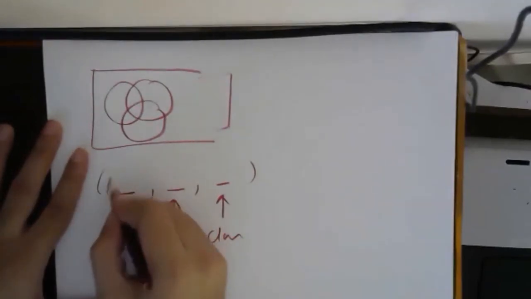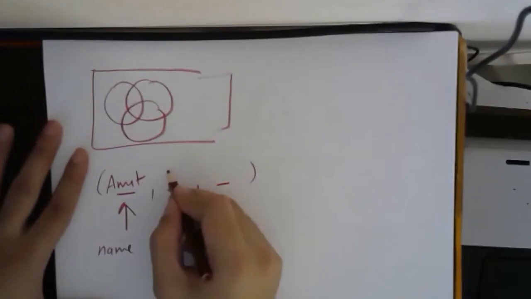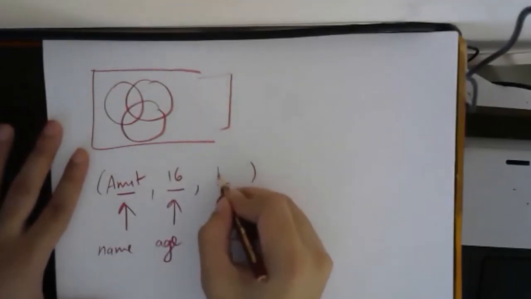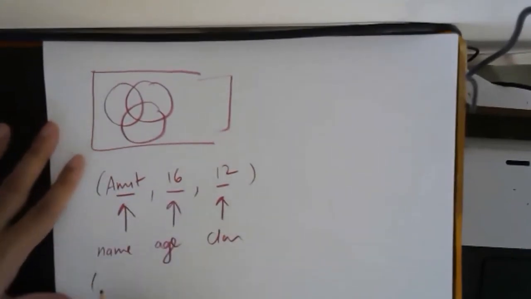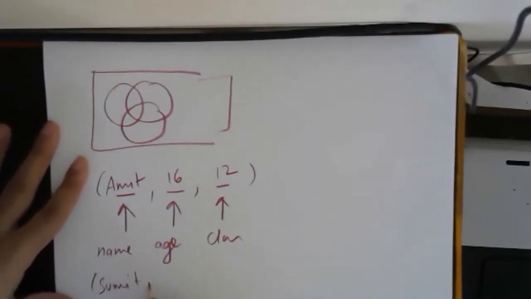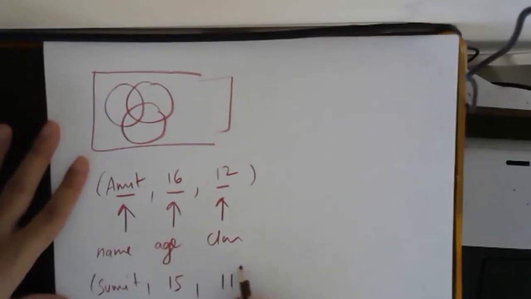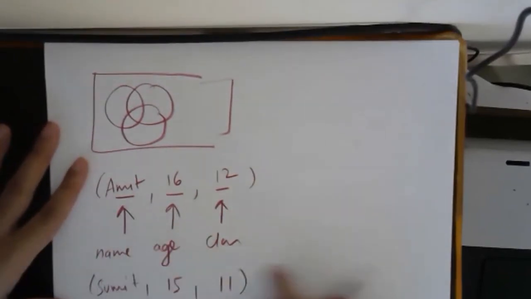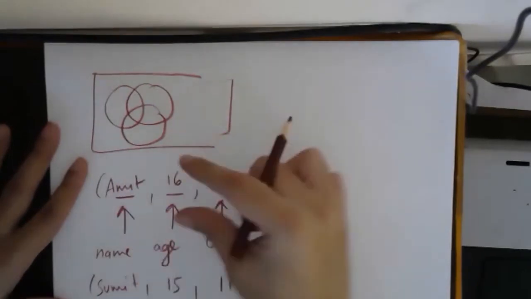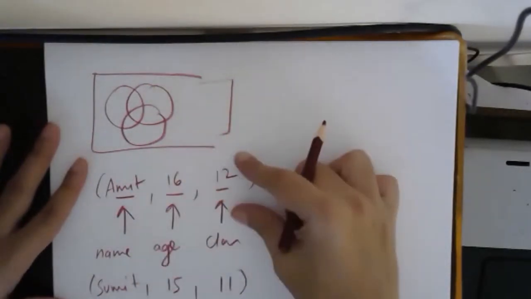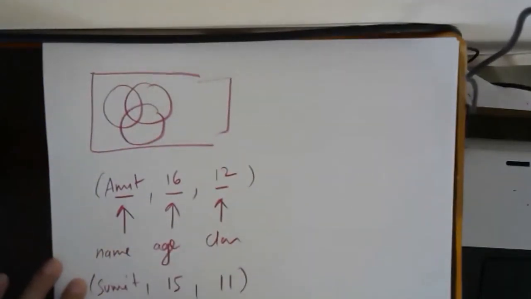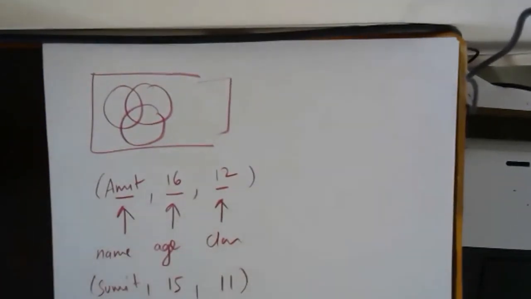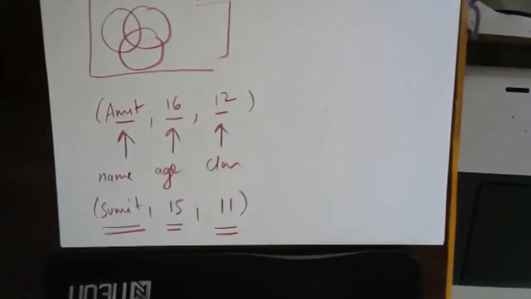Suppose it is Amit, age 16 and class 12. Suppose you have Sumit, 15 and in 11th class. So this is an ordered pair. The first element contains name, the second element contains age, and the third element contains class. It's an example of an ordered pair.